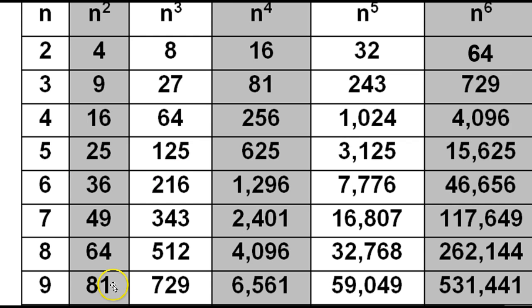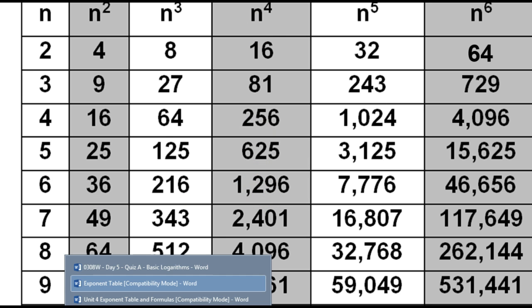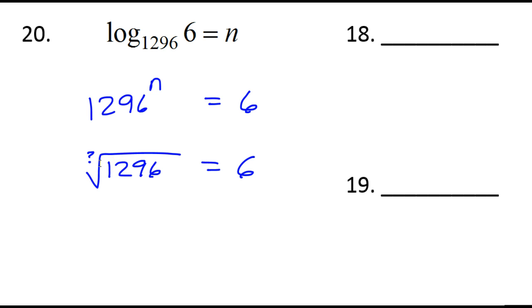Let's use the table. Let's see. So we're trying to turn it into a 6. Here's 1,296. So the 4th root of 1,296 is 6. Okay, so the 4th root would do it.